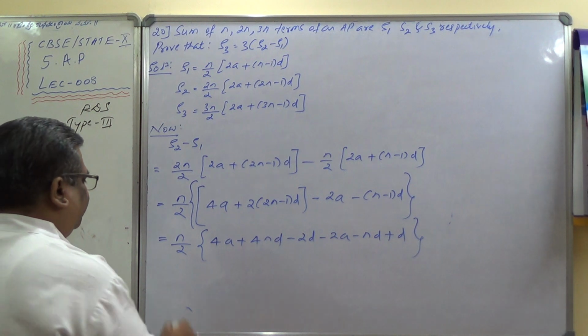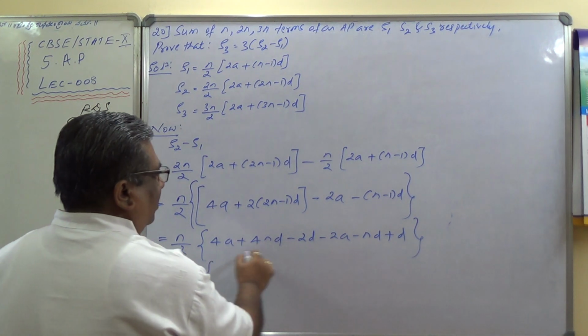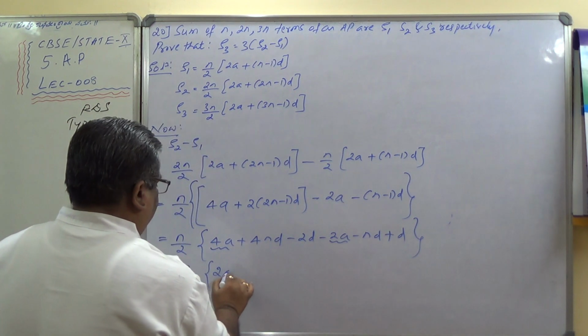Check now. n by 2 into bracket 4a minus 2a, this one, 2a.